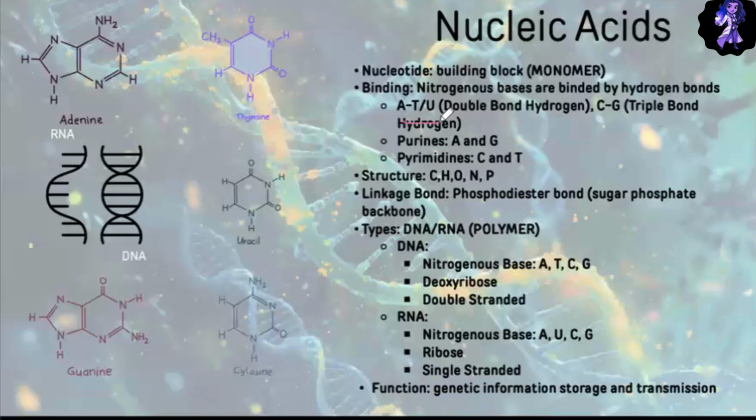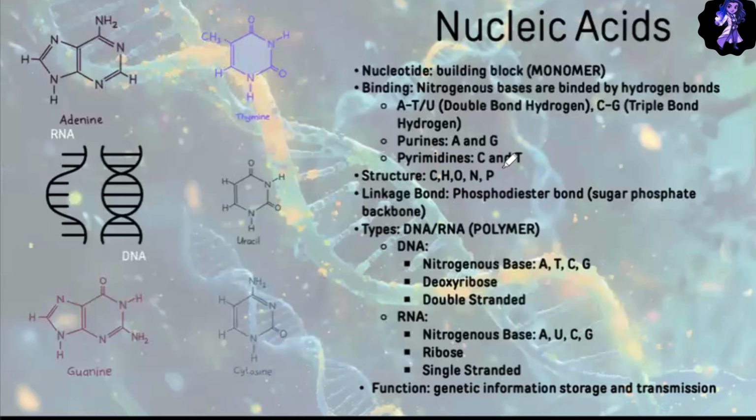Between the nitrogenous bases, you have hydrogen bonding. Between nucleotides in a polymer, you're going to have a phosphodiester bond. Please note that the elements associated with the nucleotides are listed as C, H, O, N, and P.